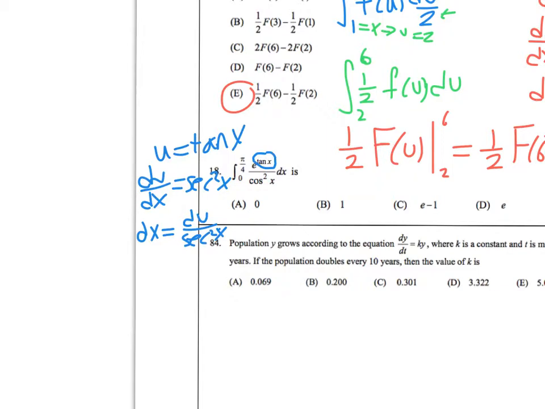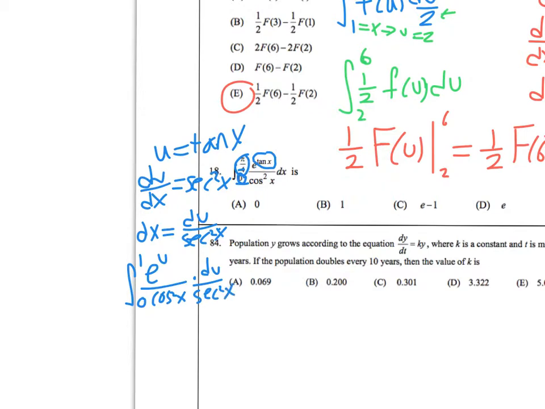Okay. I'm also going to plug some stuff in for these bounds. So tangent of pi over 4 is 1. Tangent of 0 is 0. And then we've got e to the u over cosine squared of x times du over secant squared of x.